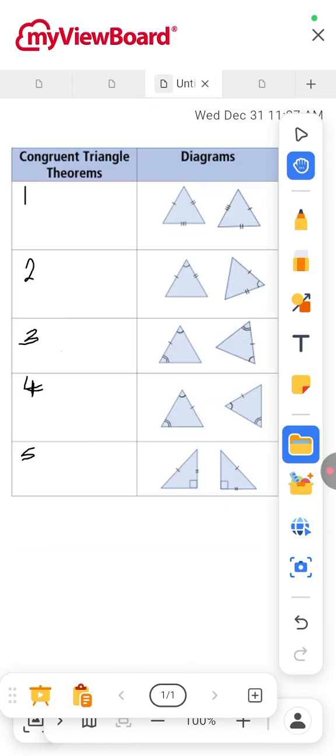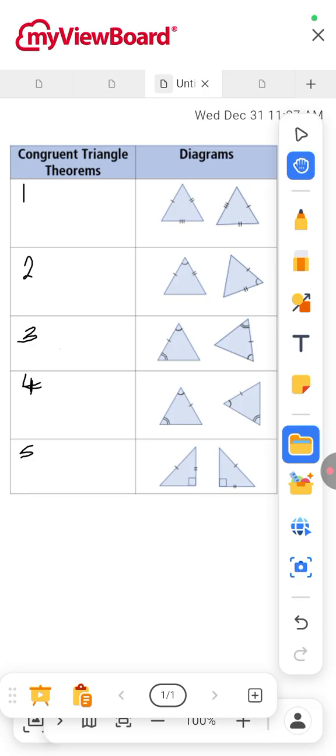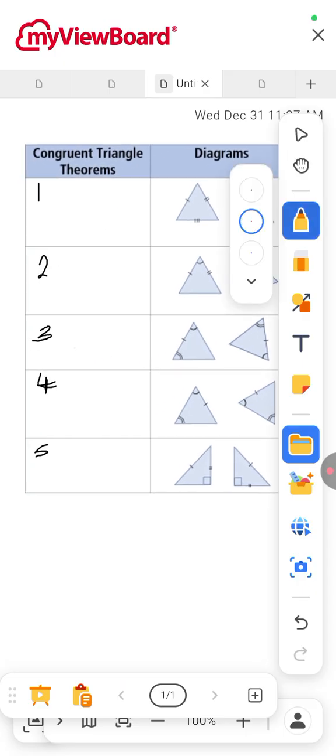I want everyone who watched this video and understood what I've explained to try to state the condition for this pair of triangles. Are they congruent?